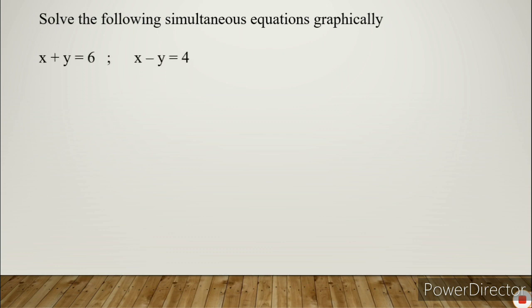Solve the following simultaneous equations graphically. x plus y equal to 6 is the first equation and x minus y equal to 4 is the second equation. So, solution. Prepare a table for ordered pairs for the first equation x plus y equal to 6.